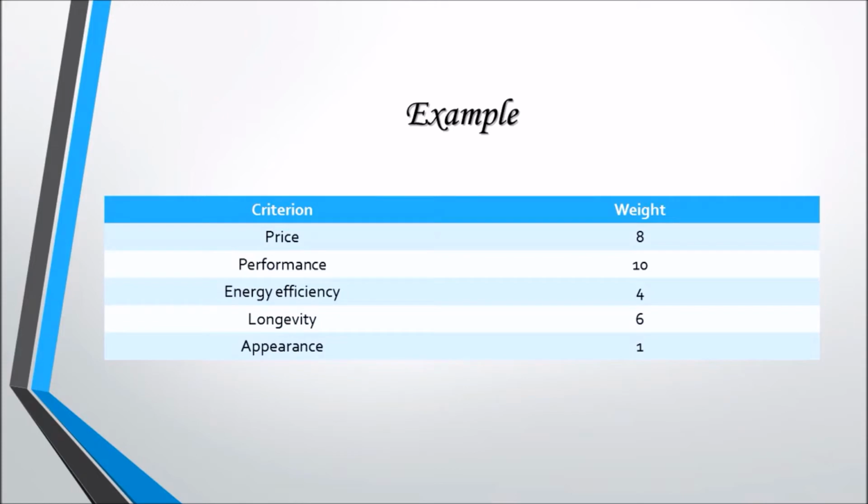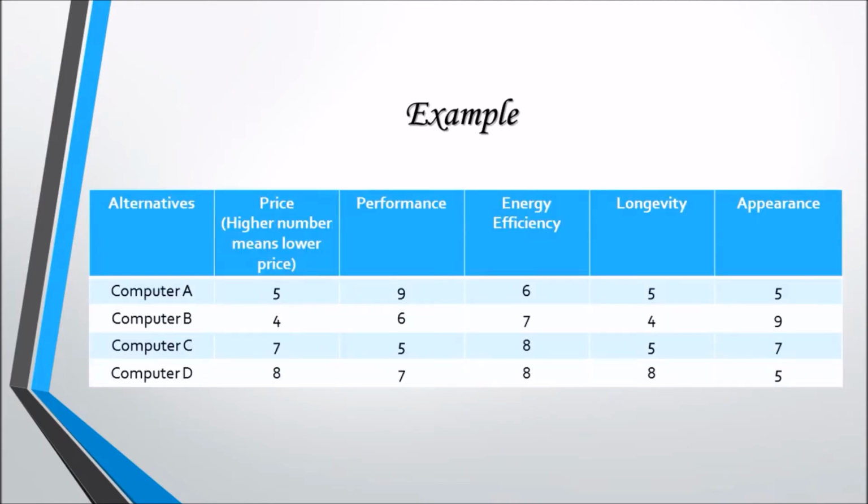Energy efficiency we rate at 4. Longevity we rate at 6 because a long-lasting machine will be cheaper in the long run. And then appearance we weight at 1 because the appearance of the machine is not important to us and it doesn't affect its functions. Here are 4 different alternatives. Computer A, its price is 5, then computer B with the price of 4, computer C with price of 7, and D with the price of 8.